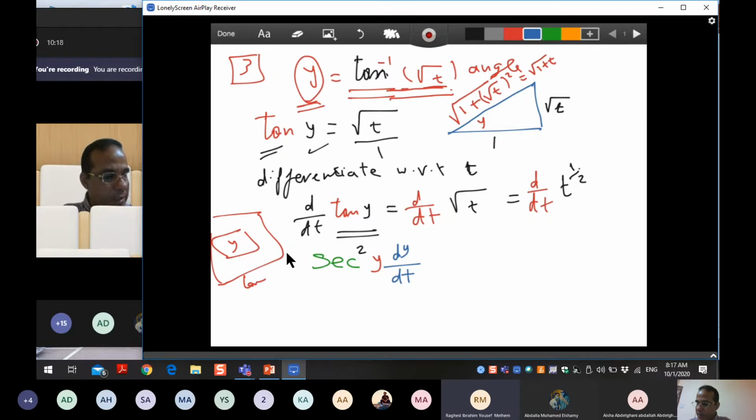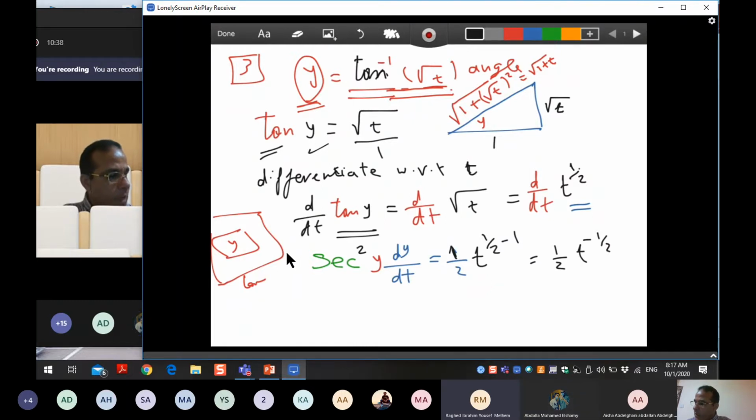Okay, this is the implicit derivative. It equals, how do we differentiate t to the power of anything? I bring the power down, right? I write t and subtract: half minus 1, which will be t to the minus half.